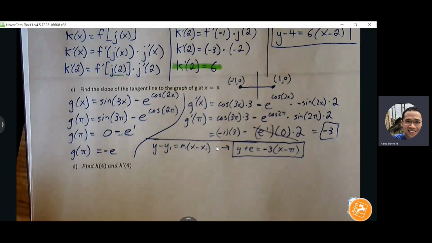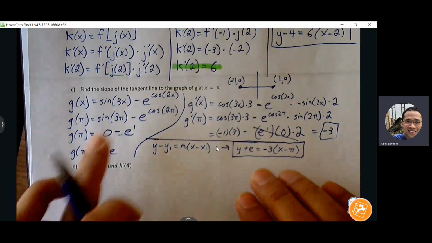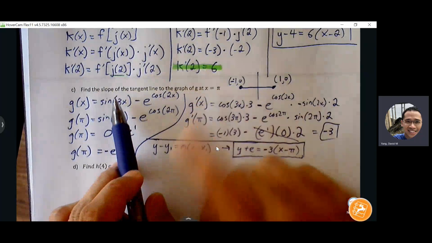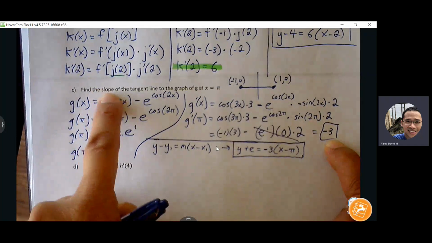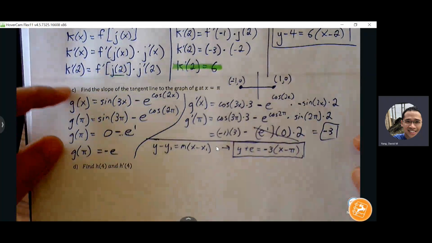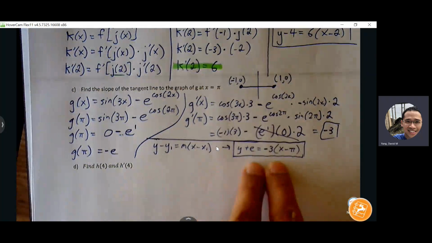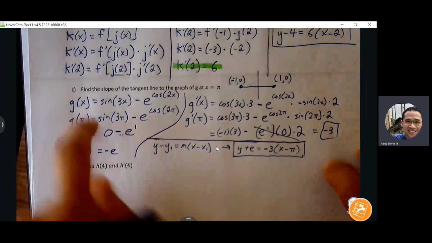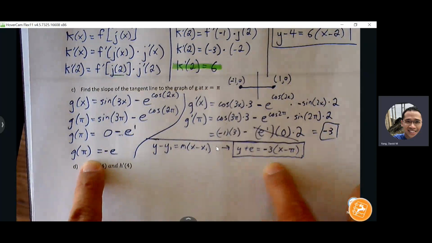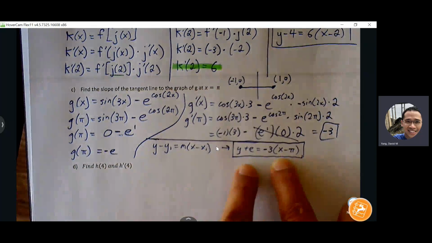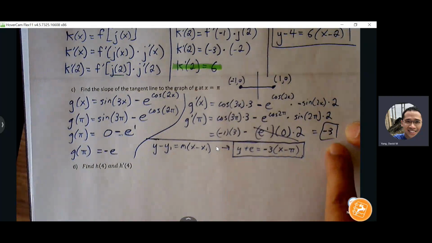Yes. We had to write the line equation. Oh, sorry. It's just asking for the slope. You're right. So I can just stop at -3. I'm sorry, I went a little further than what's asked, but if you were to find the tangent equation, you would go this far. But I think it's good for practice purposes. We'll go one step further and gather our slope and our ordered pair and do point slope form. But yeah, this problem should have just stopped here at -3.